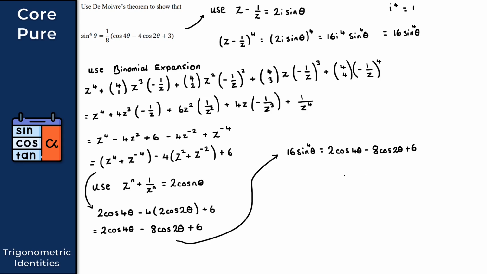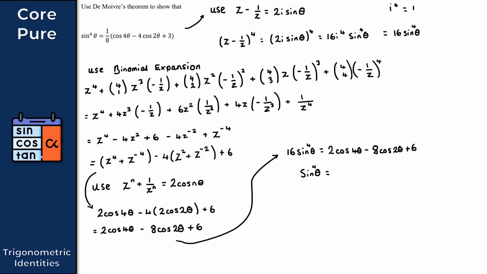Okay. So given that they've got sine theta to the 4 here, there's no coefficient. Well, there is a coefficient, but it's 1, right? So clearly what we need to do here is divide through by 16. So in that case, we get sine theta to the 4.